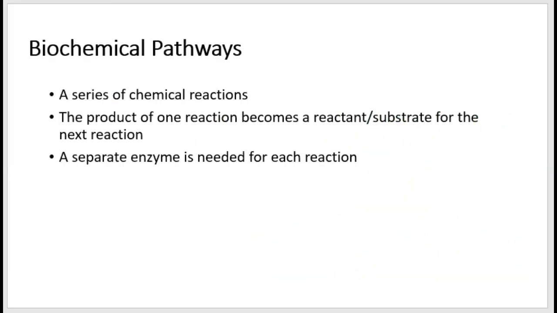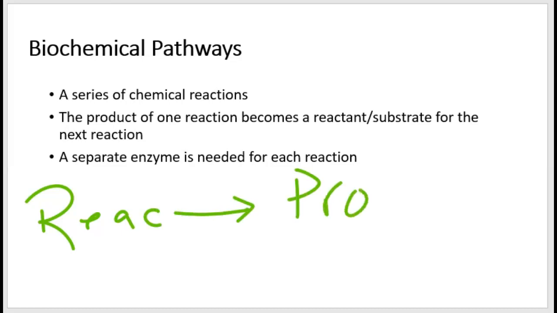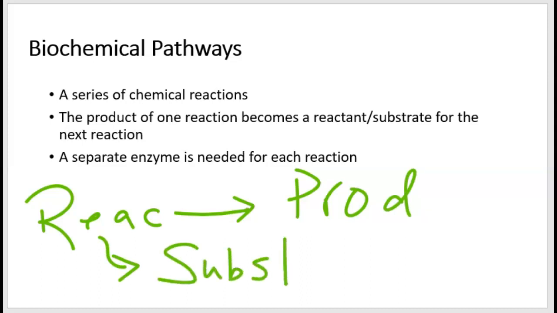So what we've been looking at are chemical reactions and how to read a chemical equation, a reactant to product. And we learned about the fact that sometimes a reactant is called a substrate when it binds to an enzyme.